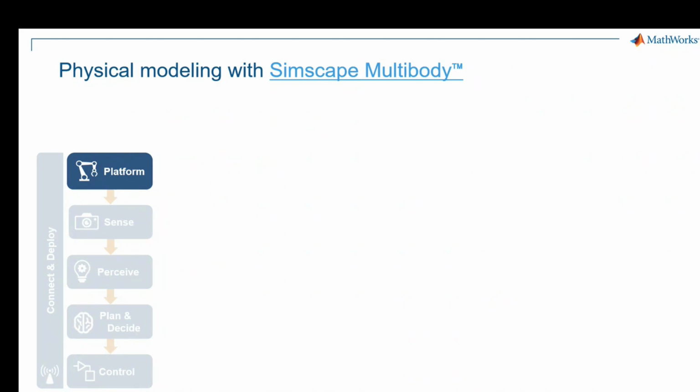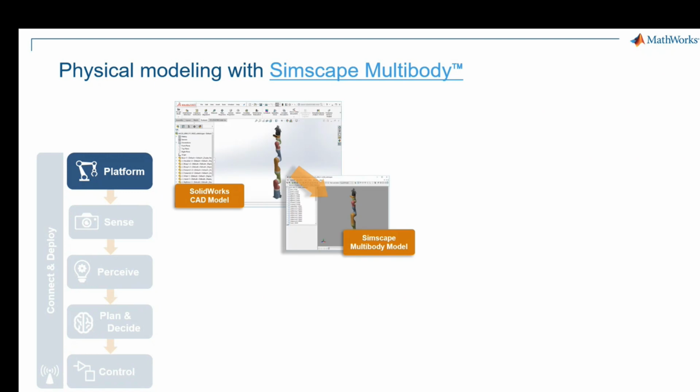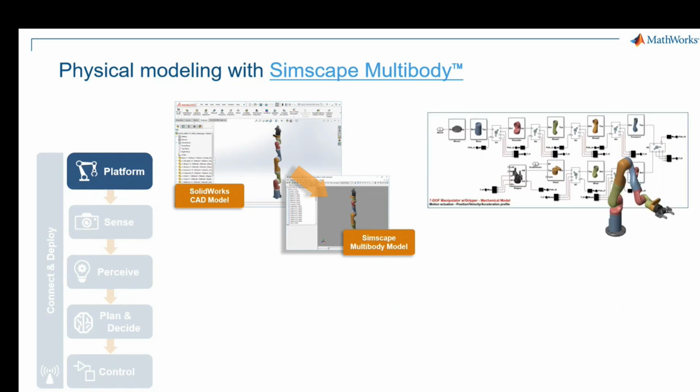It can be robots, vehicles, construction equipment, even aircraft. So we can, for example, import CAD assembly models of the robotic system, which is going to include all the masses, inertias, joints, constraints, and 3D geometry into our model inside Simscape. We can also create our own model with the blocks that are already available in Simscape.